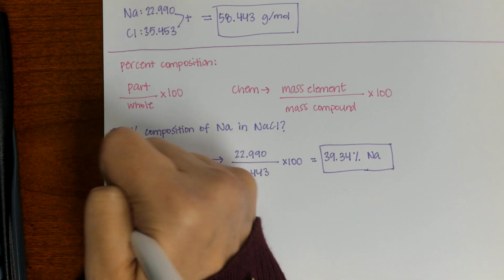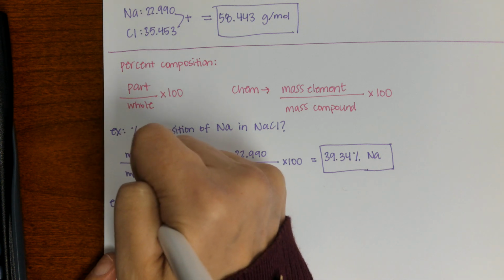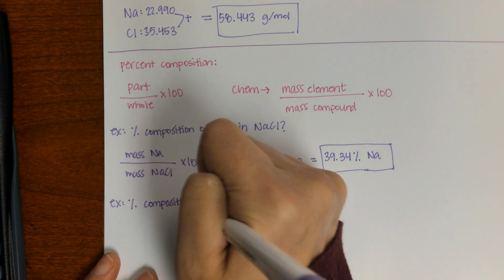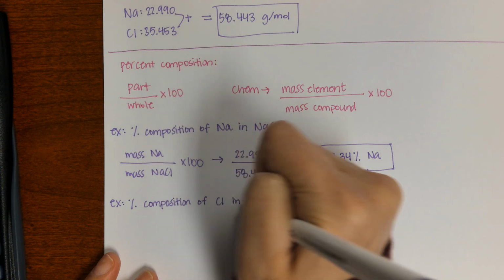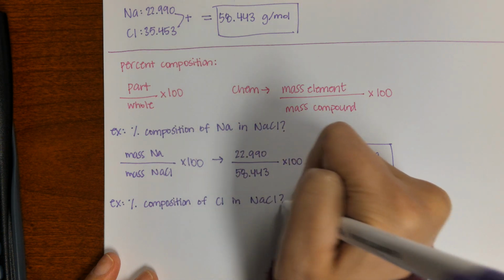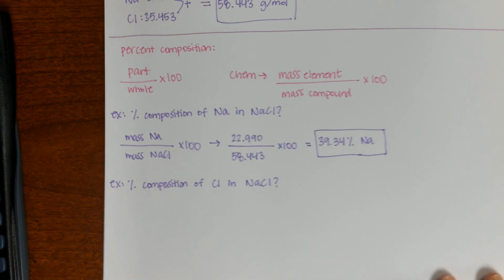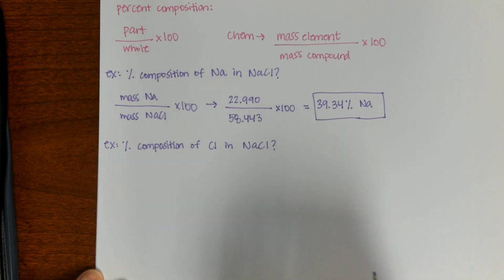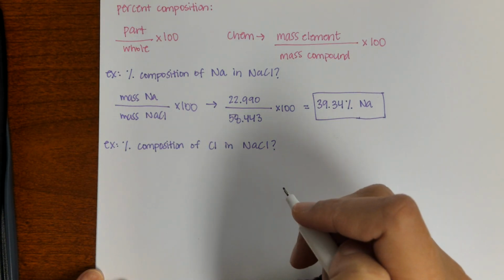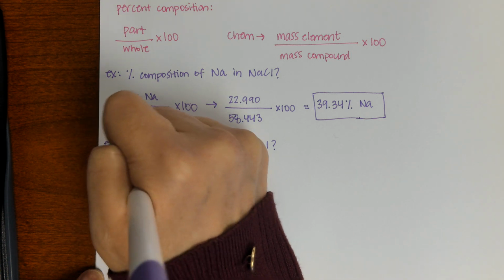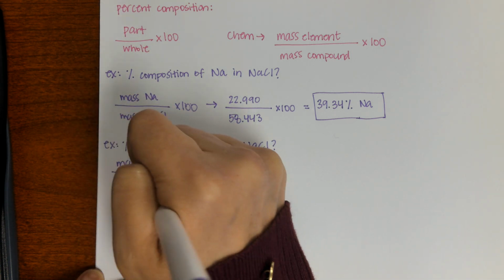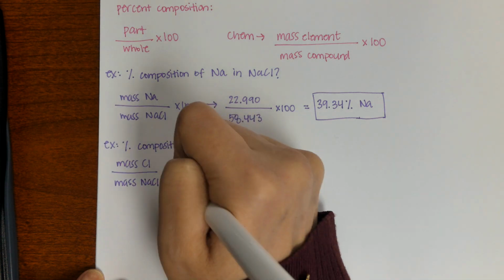And if we do the percent composition of chlorine, we do the same thing. We have our mass of chlorine over our mass of our compound, NaCl.